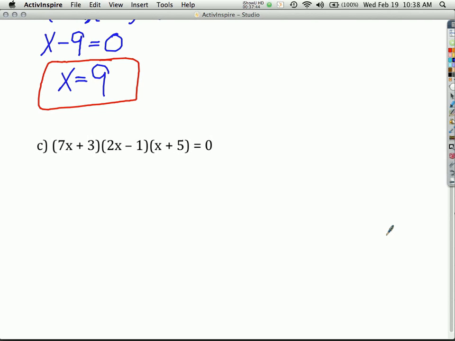What do you think we do now for this case? Think about it. And what do you think we're going to have to do in this case? I'm sorry?